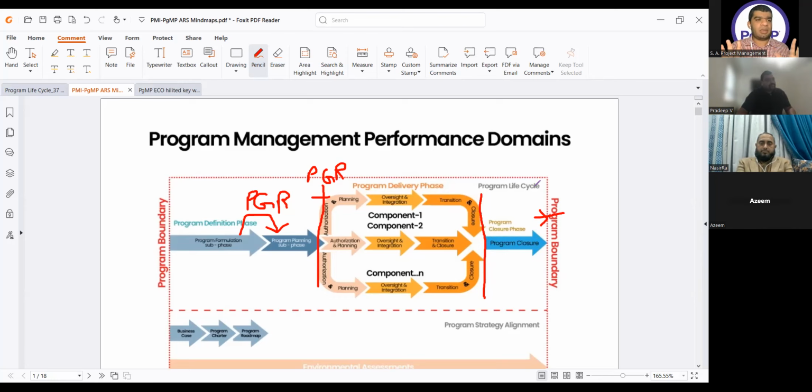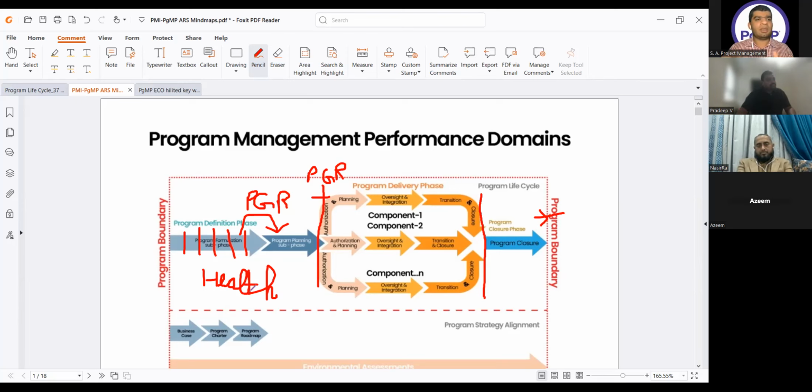Whereas in the meanwhile, if during any phase I am making a health check, just monitoring whether the work is on track or not, it is called a health check. This periodic health check is done by the program manager, and he will report to the steering committee. Steering committee is not involved in the health checks.